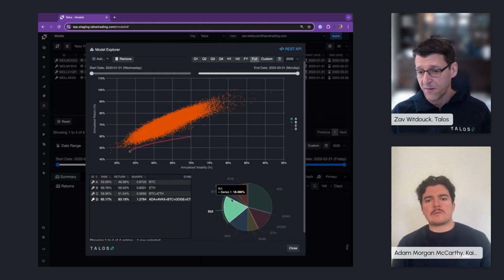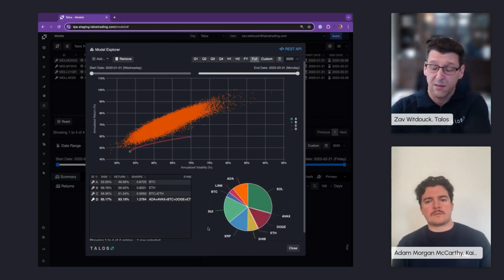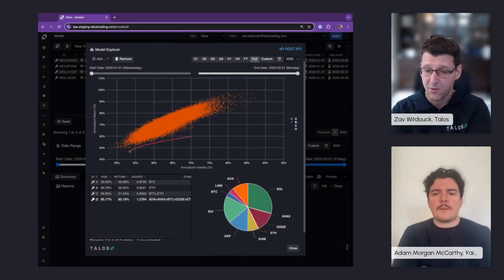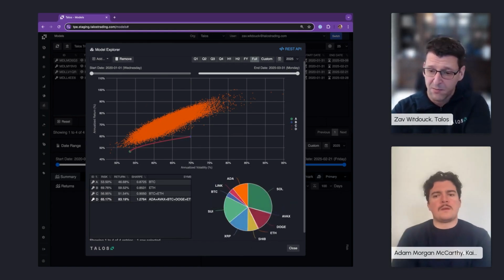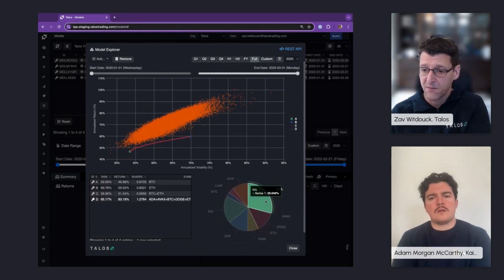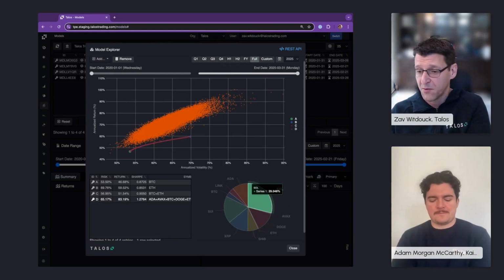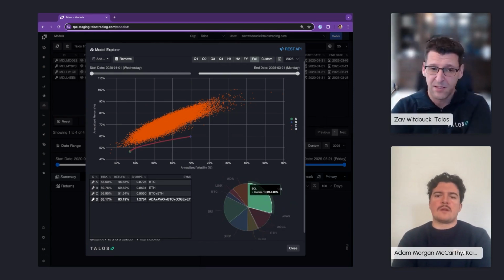In fact, here you can see a relatively small allocation to Bitcoin and Ethereum, and a very broad allocation to altcoins, which some people might find quite surprising. In fact, the largest allocation, and interestingly, it's just below 30% here, is Solana. Does this correlate with your research as well? And is maybe this why you chose the 30% max market cap?